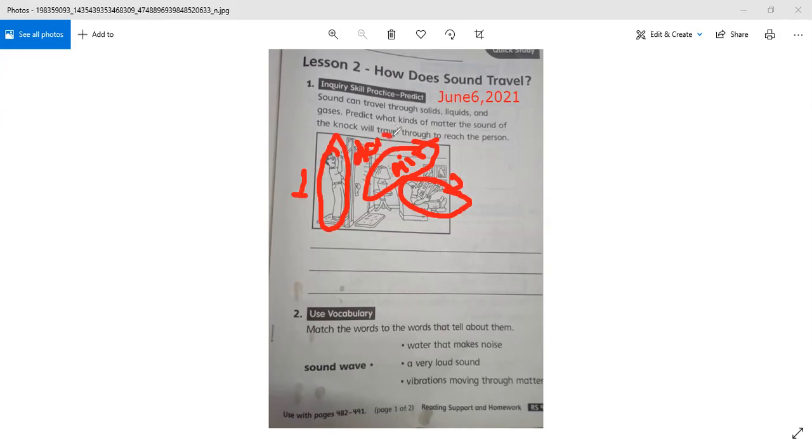So once the man is knocking on the door, which is solid, the sound will travel from the door through the air, which is gas, to reach the ears of this man. Excellent. Thank you, Yassine.